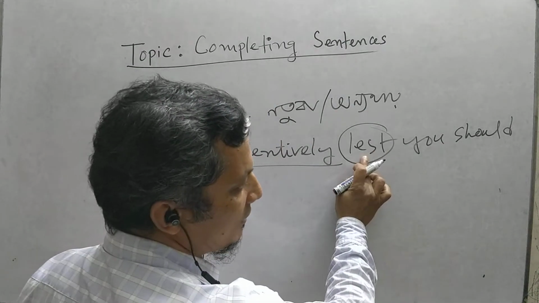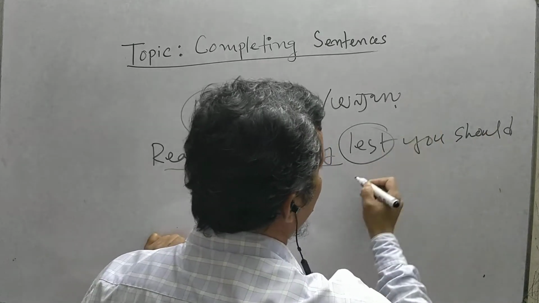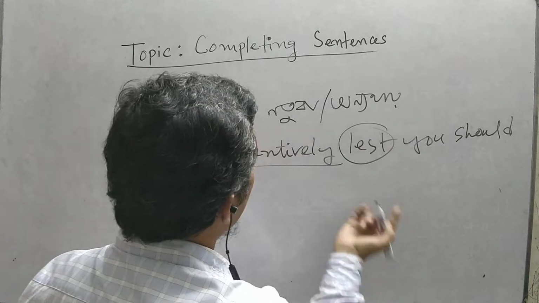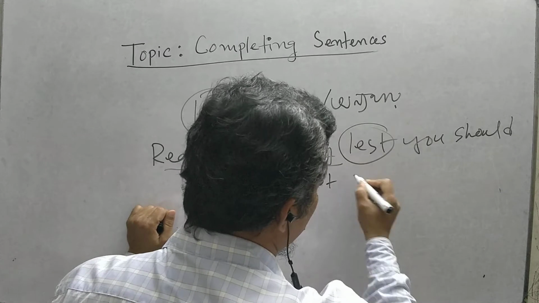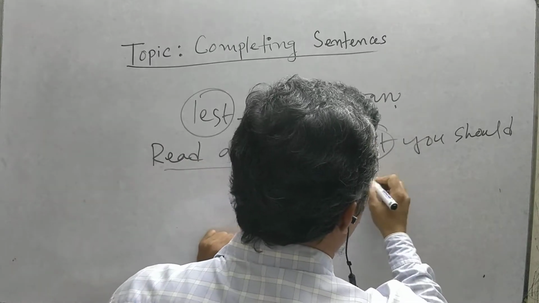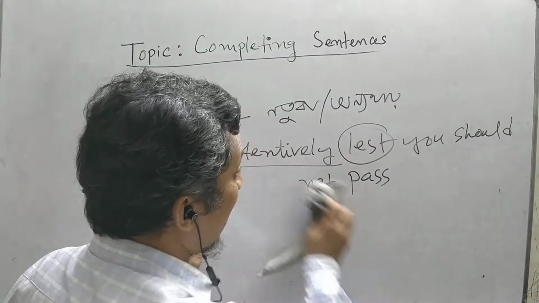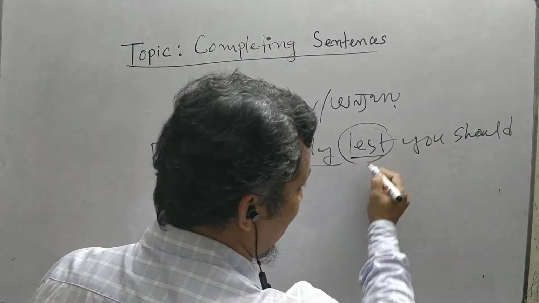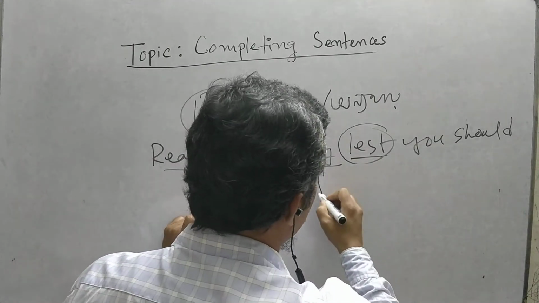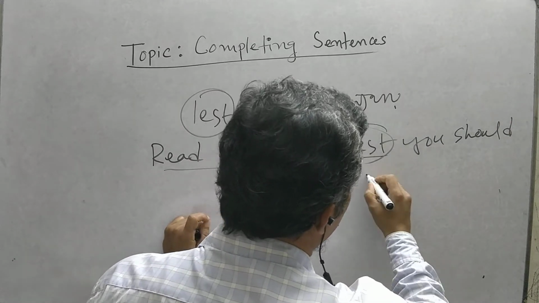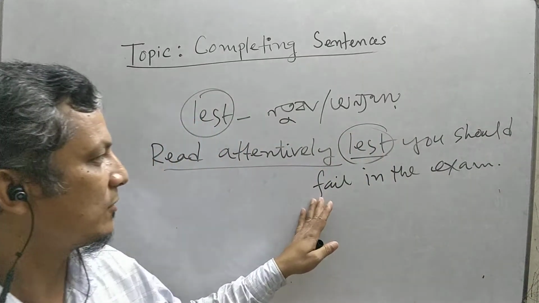That means after lest you have to use the subject, then a modal auxiliary, then V1 of the verb. You should not pass. Sorry, you should. Here, as it is in negative sense, we have to avoid negative words. You should fail in the exam. Am I clear to you?